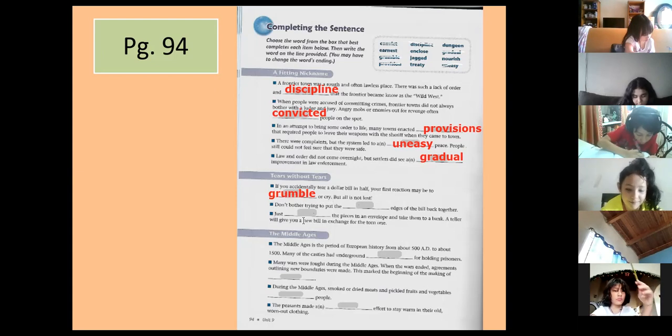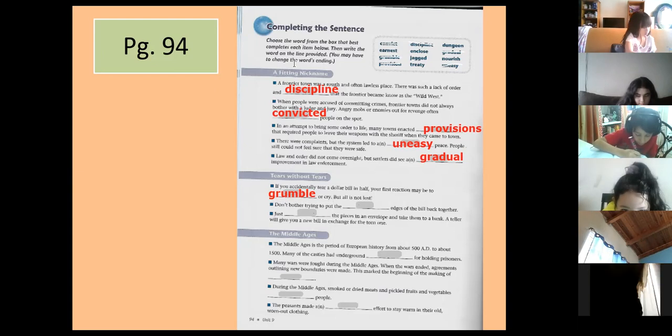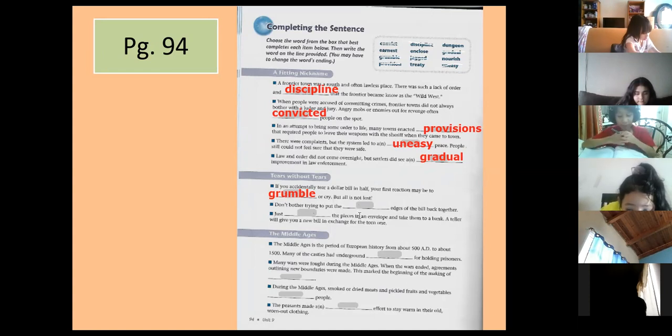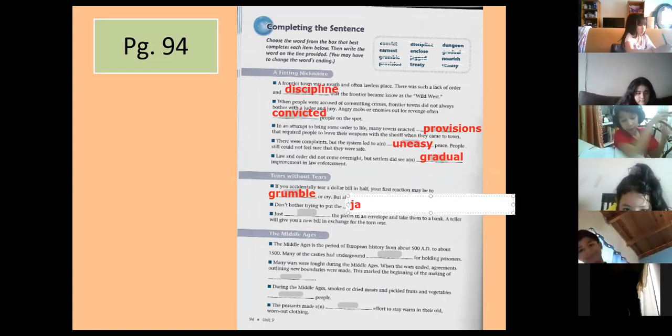But it's not lost. Don't bother trying to put the edges of the bill back together. It's not in a good shape. Now, what is the word that means that it doesn't have a shape? Tattered. No, it's jagged. Jagged. So let's write it down here.